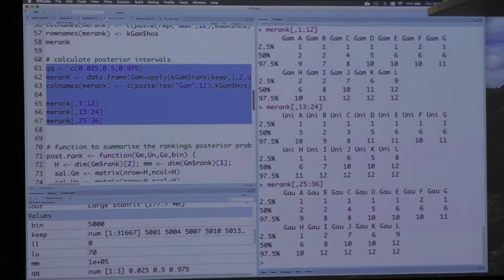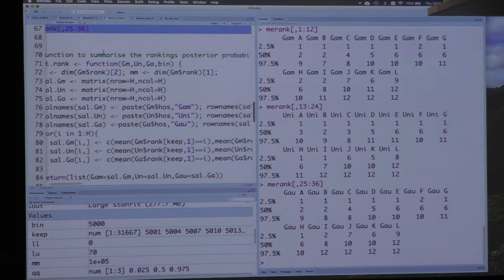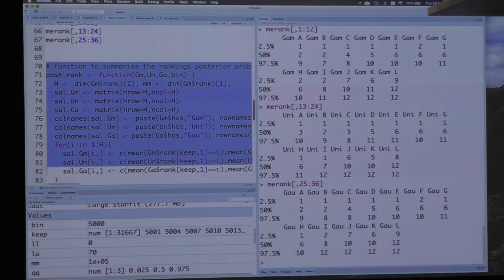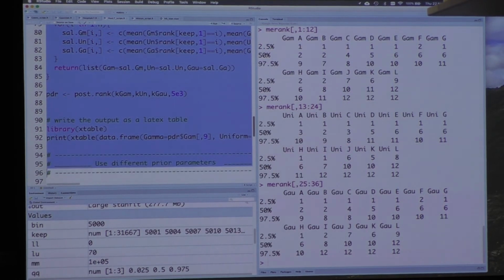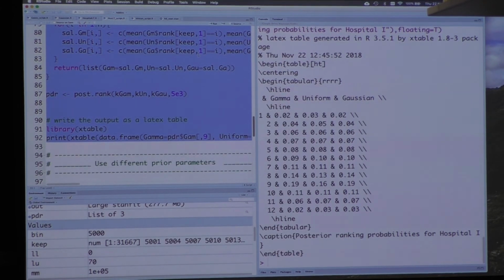So again, you have ways of quantifying all this, and hopefully this function helps summarize all of them in one go. This is also to illustrate how you need not copy tables from R into TeX.